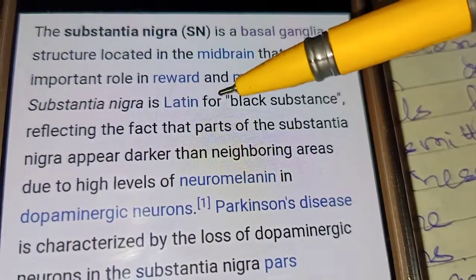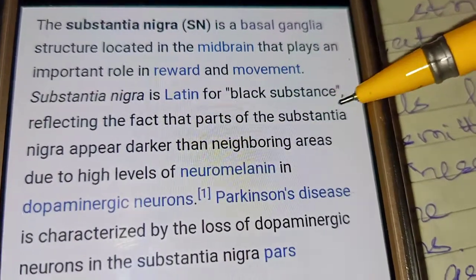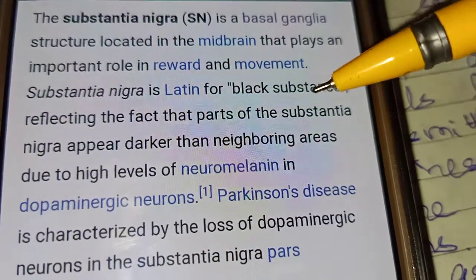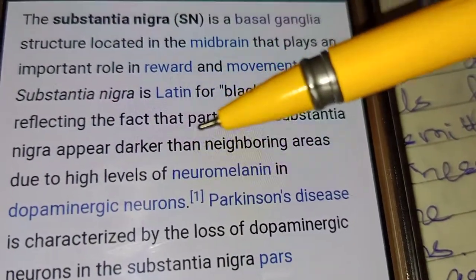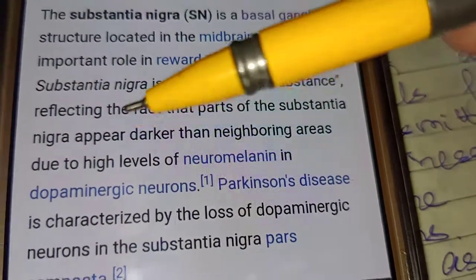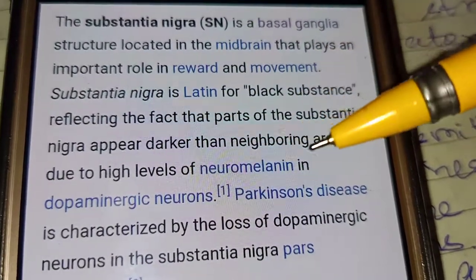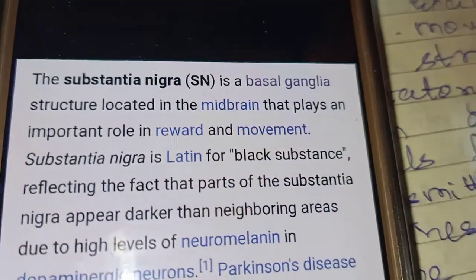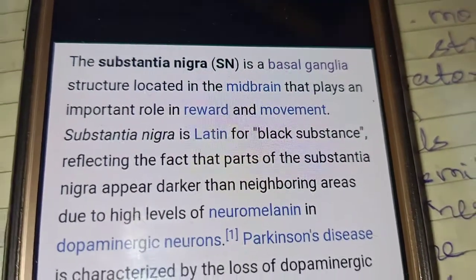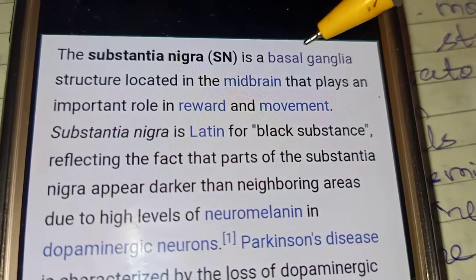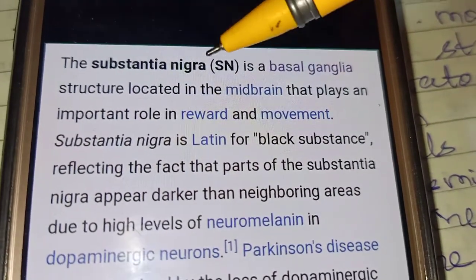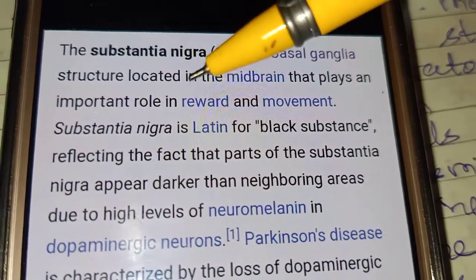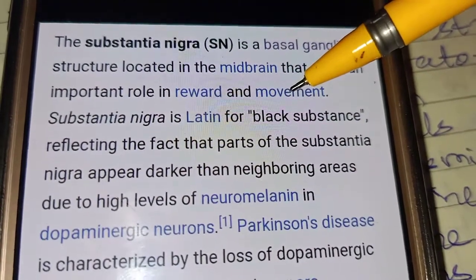Substantia nigra in Latin means black substance, reflecting the fact that parts of the substantia nigra appear darker than the neighboring areas due to high levels of neuromelanin in dopaminergic neurons. It plays an important role in rewards and movements.